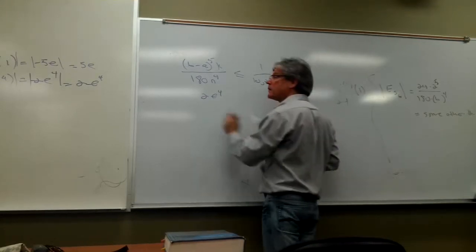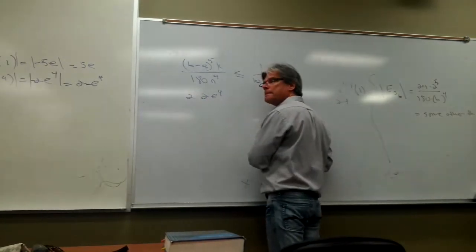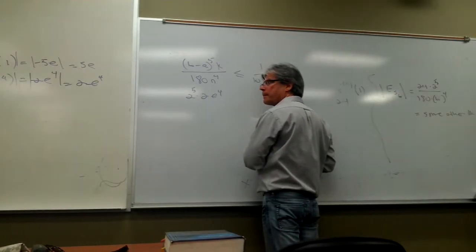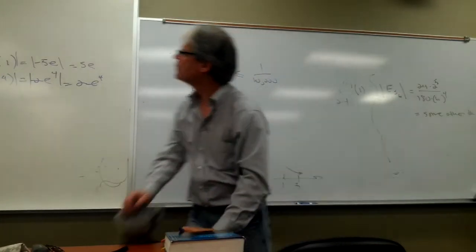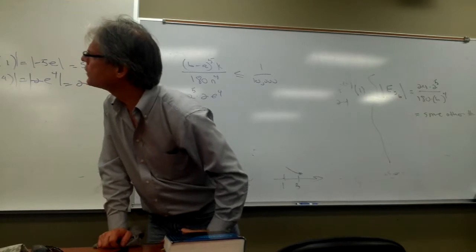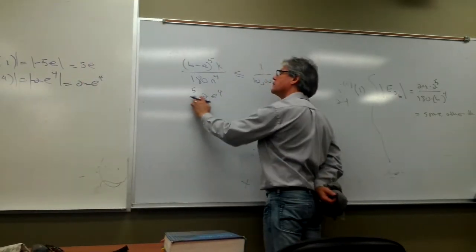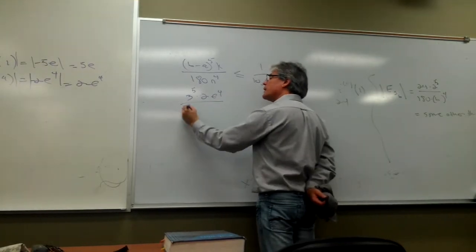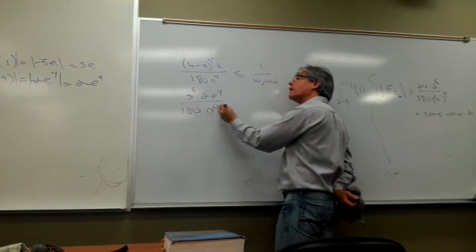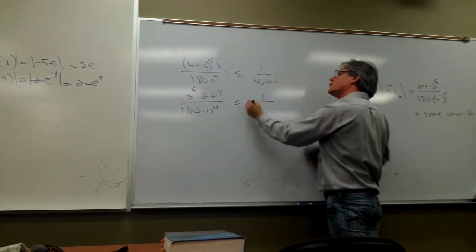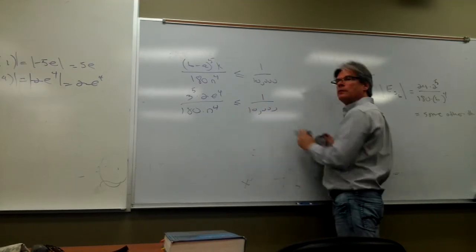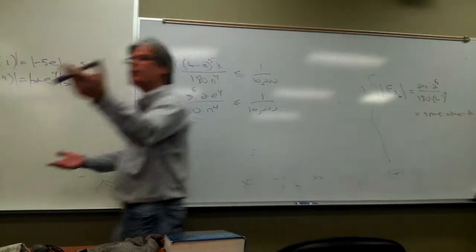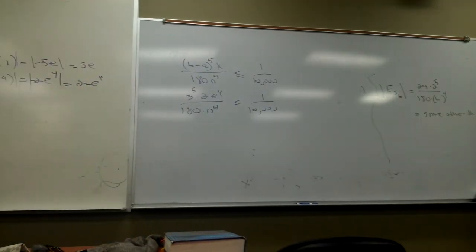My b minus a is going to be 3 minus 1. But it's raised to the 5th power. Oh, is it 4 or 3? Thank you guys, I lost it. You said 4 minus 1? All over my 180 times n to the 4th power, I'm going to force this to be less than 1 over 10,000.